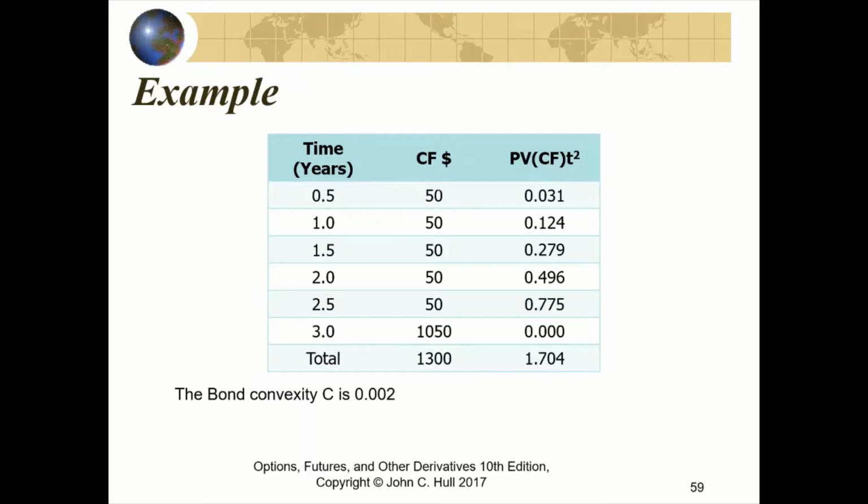So we'll get this value here, and we continue the same process for the rest of the payments, and we will get 1.704. Now, to get C, we need to divide this by the present value of the bond, which we calculated earlier, and we will get the convexity equal to 0.002 for this bond.